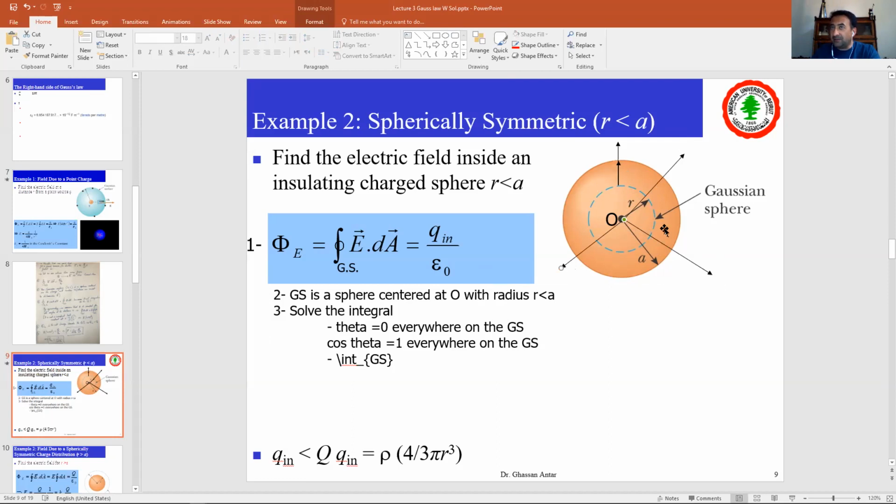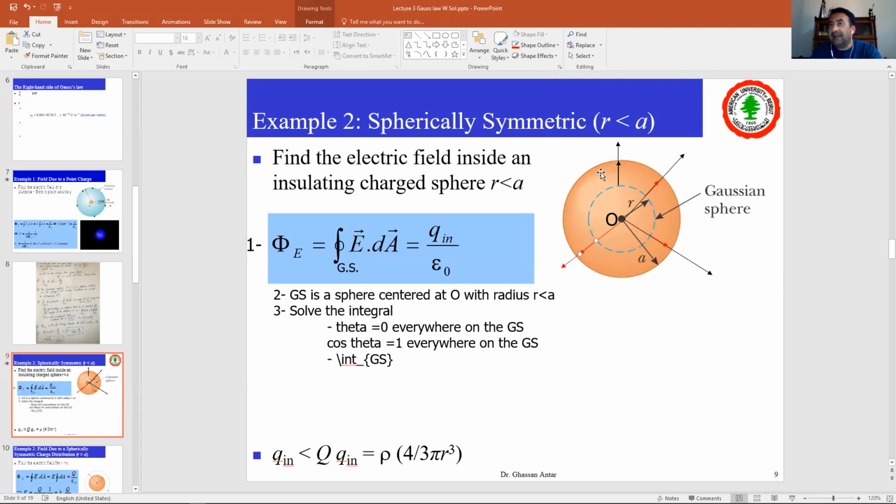Now my Gaussian surface is centered on the same point. If I account for the element area, then the element area is in this direction, because it's perpendicular to the surface. If I account for it here, it will be in this direction as well.